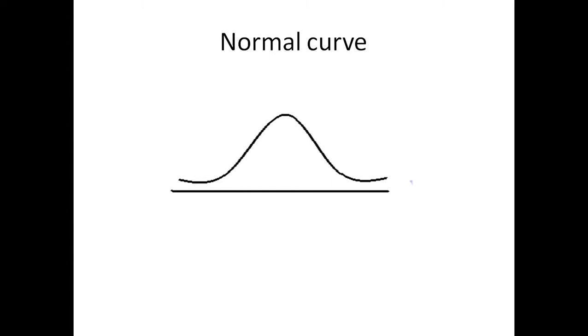First of all, you need to know what a normal curve is. The normal curve is basically the shape of the distribution. The normal distribution has this bell shape, which is symmetric.